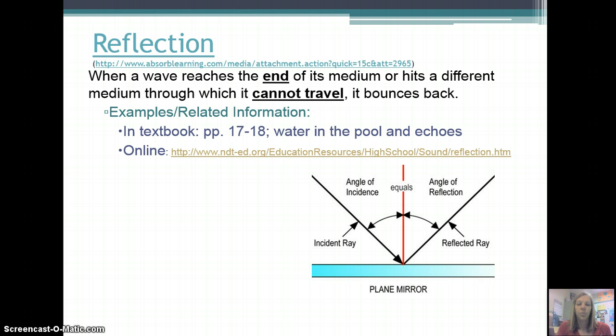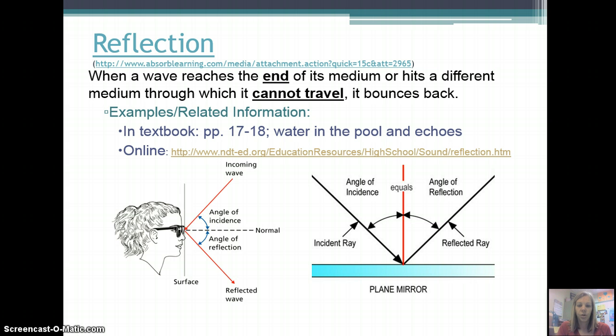I also really want you to pay attention to these two diagrams down here at the bottom, and they are also on your notes. It is real important for you to know all of the vocabulary here.